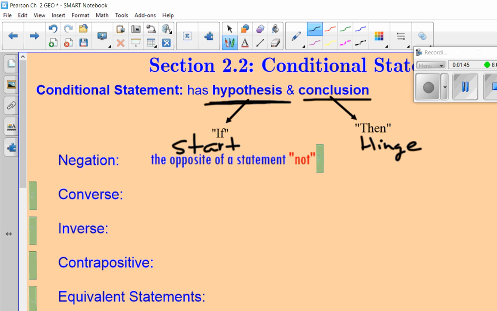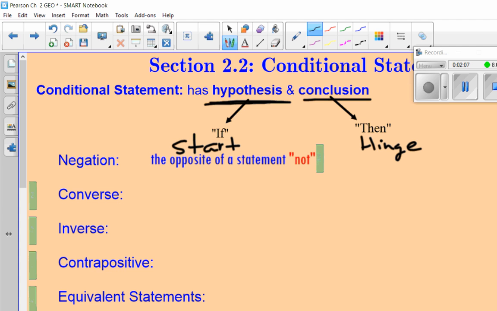Like, if you sneeze, then you have a cold. So that's an example of what an if-then statement is. If you're in geometry, then you passed Algebra 1. So that's what we're going to look at, all right? So we'll get into that a little bit.